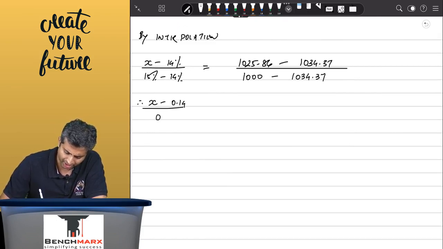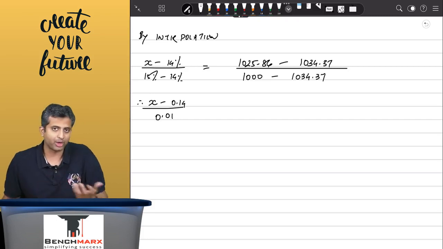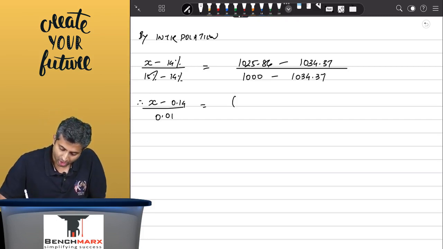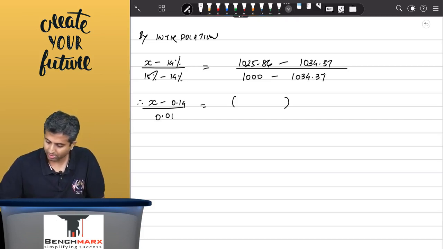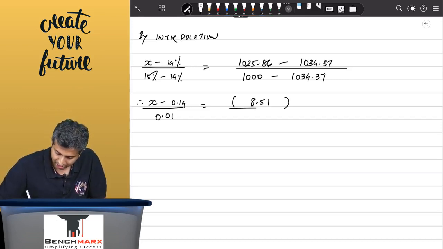You can even do it slightly faster. I'll directly show a 0.01 over here. On the right hand side, there's a negative number of 1025.86 minus 1034.37. That's 8.51 negative, divided by 34.37 negative.